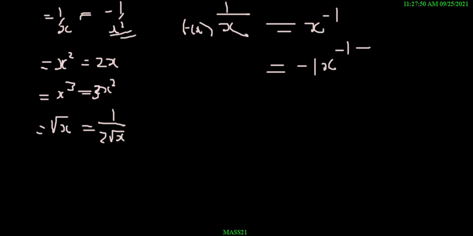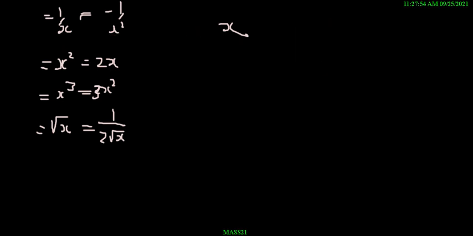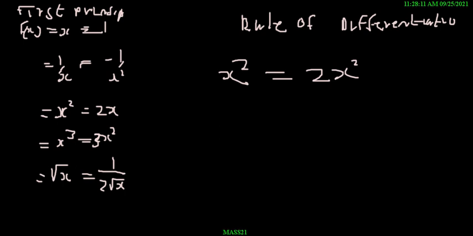Then we try x to the power 2, which is equal to, so we multiply the power by x, 2 times x, and then subtract 1 from the power. We're going to have 2x to the power 1, which is just 2x, which is what we found here.